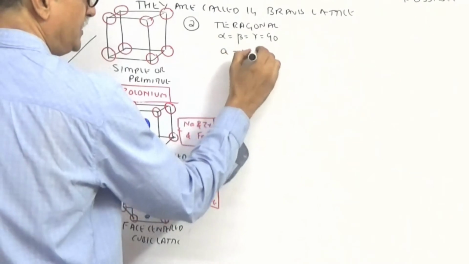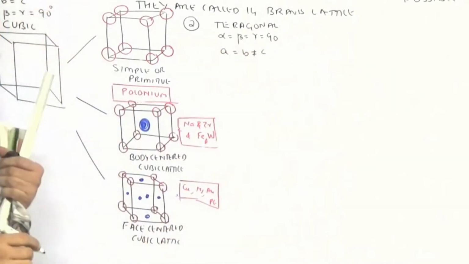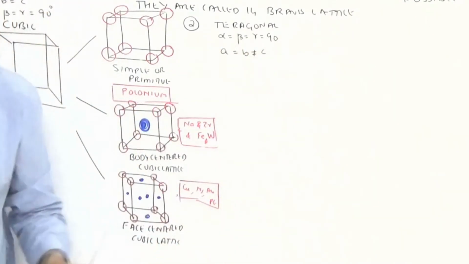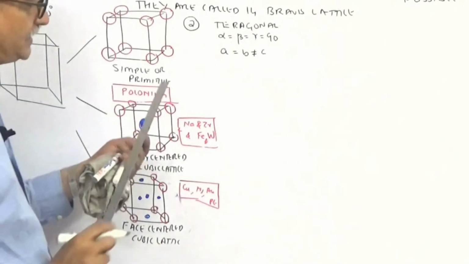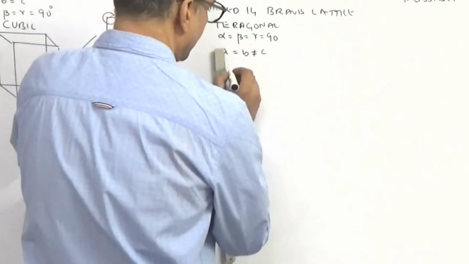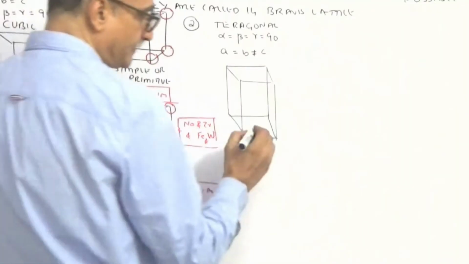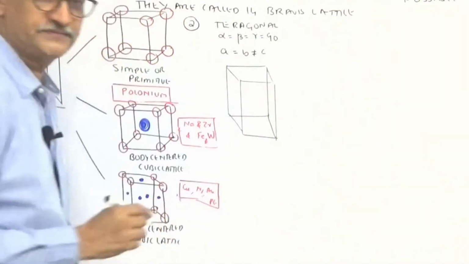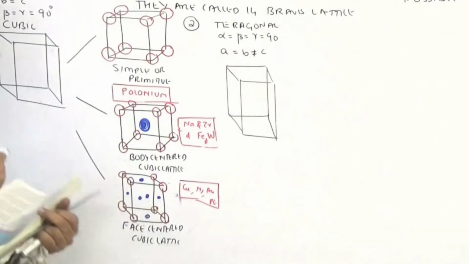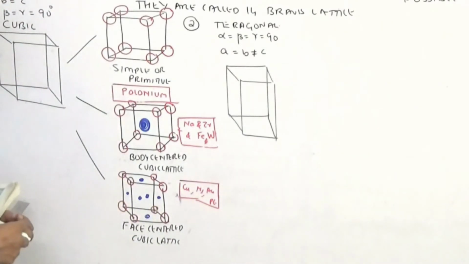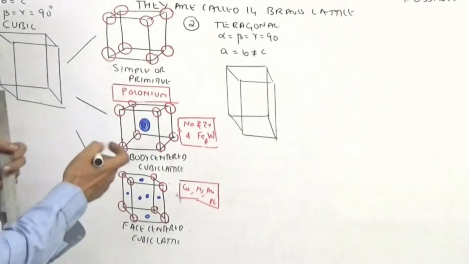A equal to B not equal to C. A equal to B not equal to C. Is this clear? So what will be in this? Let us draw the structure. What are the two types that we have? So how many Bravais lattices do we have? We have primitive and body centered.